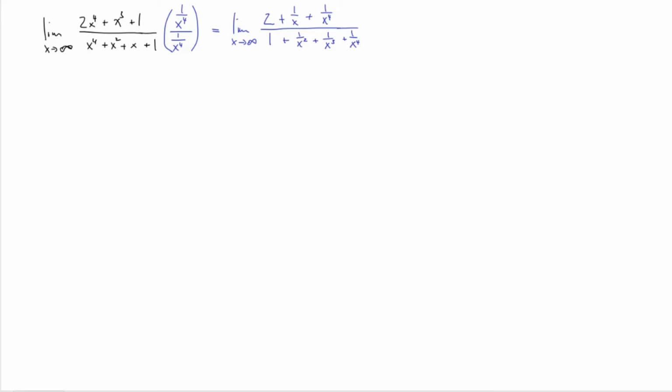And the second point is, you really do have to do the algebra carefully. In other words, we really are distributing (2x^4 + x^3 + 1) times 1 over x^4 in the numerator and something similar in the denominator. And so you have to be able to do the computation: what is x^3 times 1 over x^4? And you have to be able to do that with great confidence and accuracy. That's x^3 over x^4.